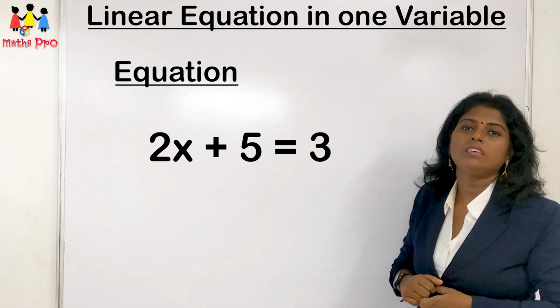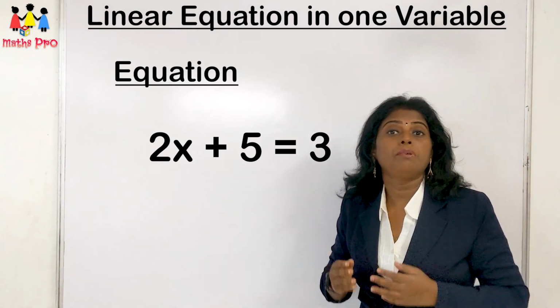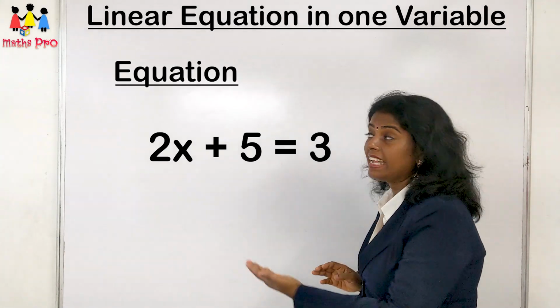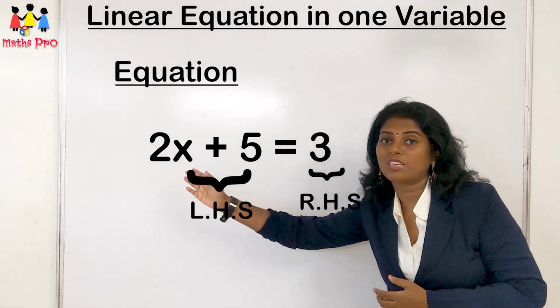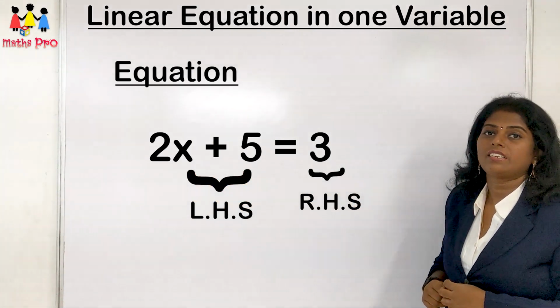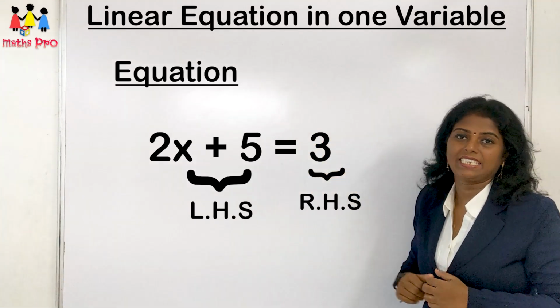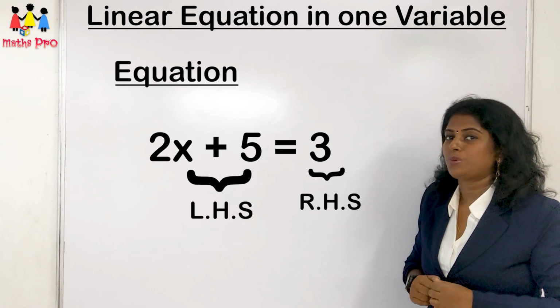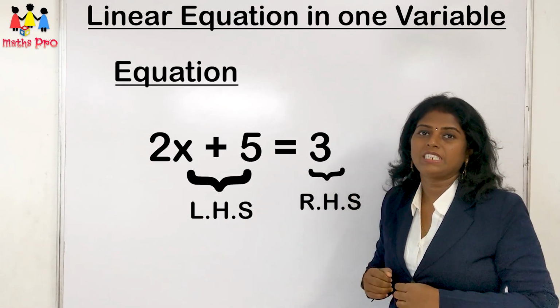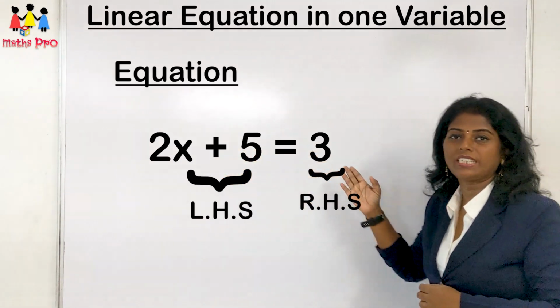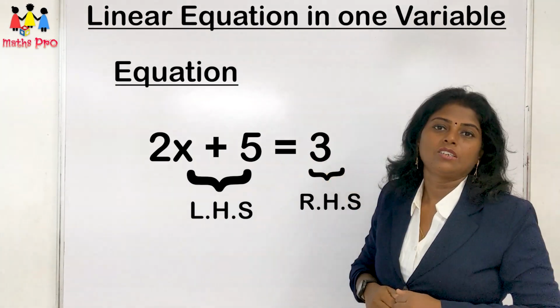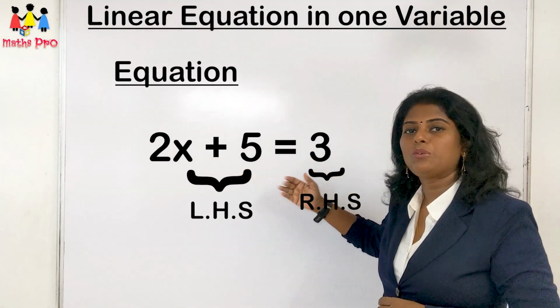This is called an equation because it has a left hand side as well as a right hand side, and in between we have the equality sign. So for an equation we have left hand side equal to right hand side.